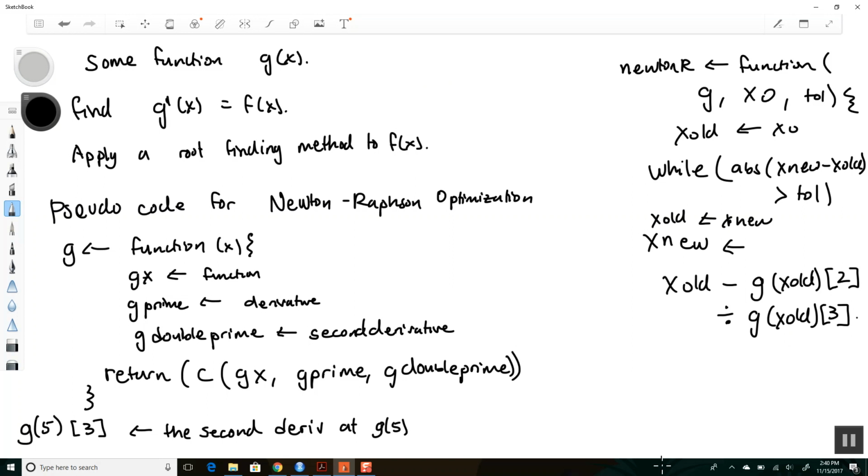Then you close off your while loop and return x new. Sorry, this is really messy.